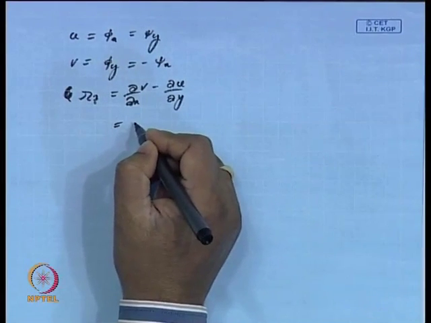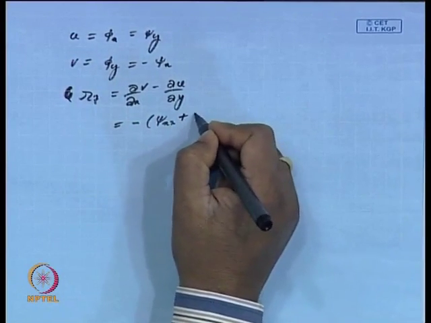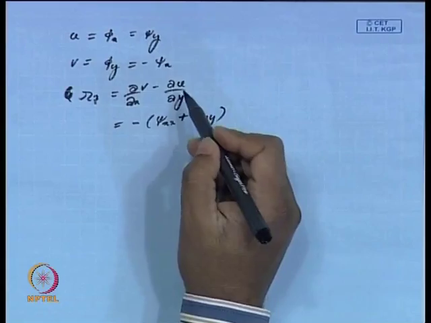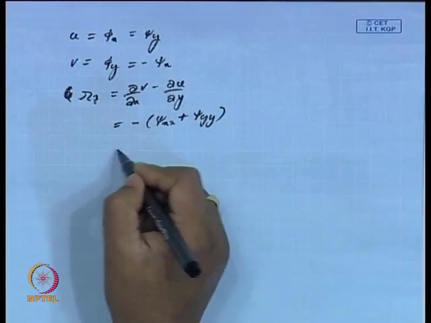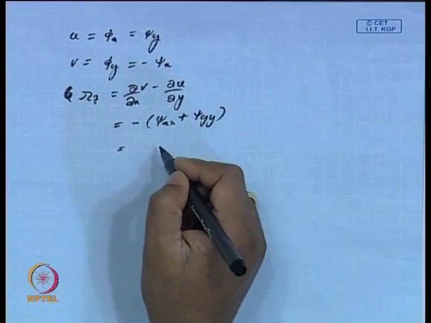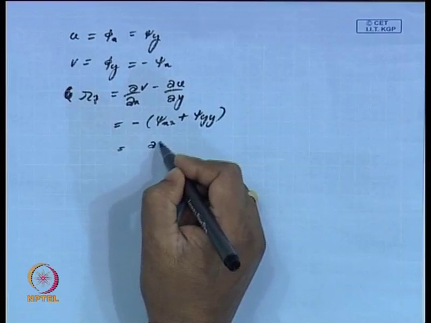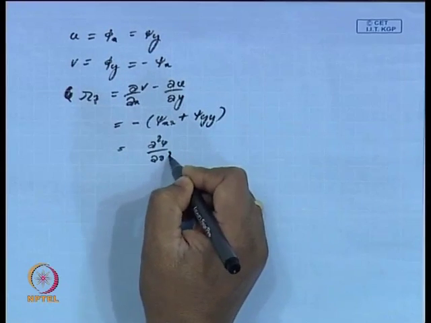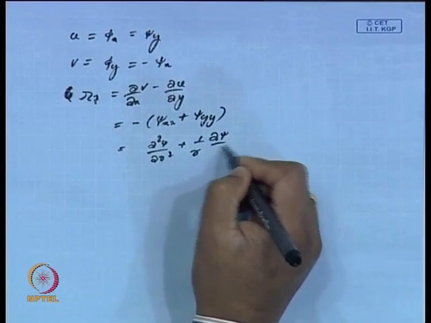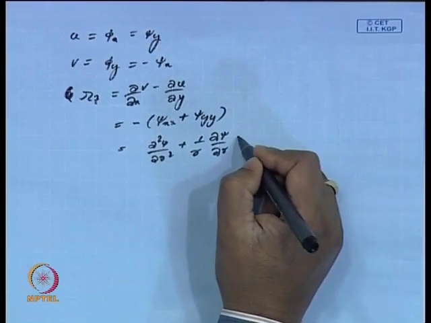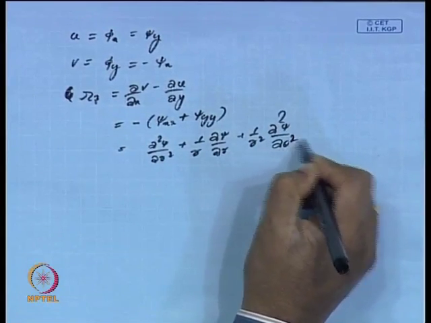So this is minus psi x x plus psi y y. So this will be minus of this, and this is in Cartesian coordinates. If I put it in polar coordinates, this will give me del square psi by del r square plus 1 by r del psi by del r plus 1 by r square del square psi by del theta square.